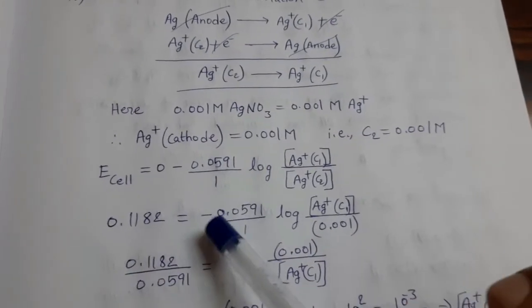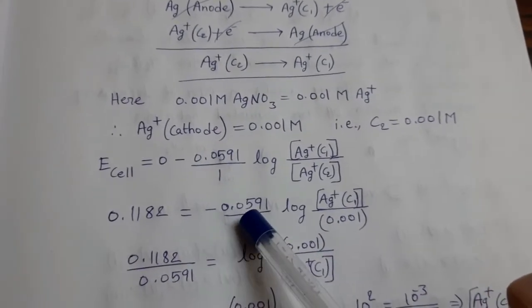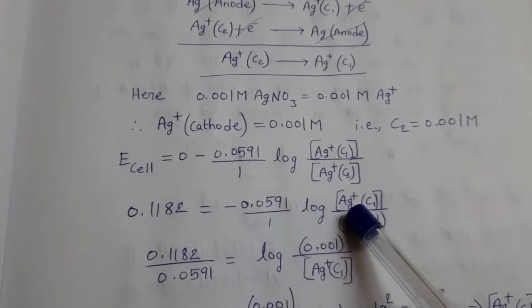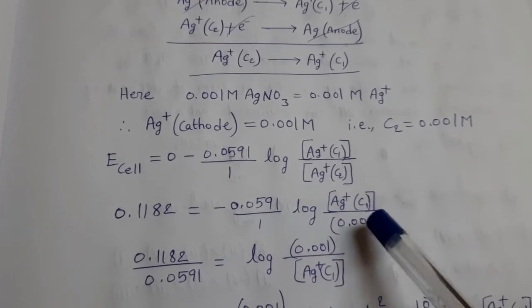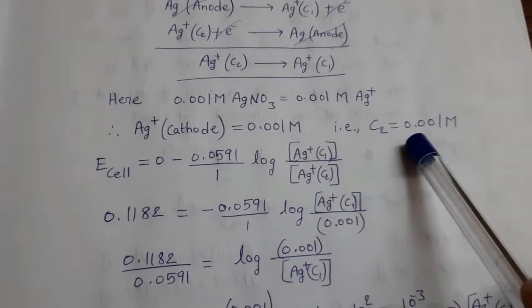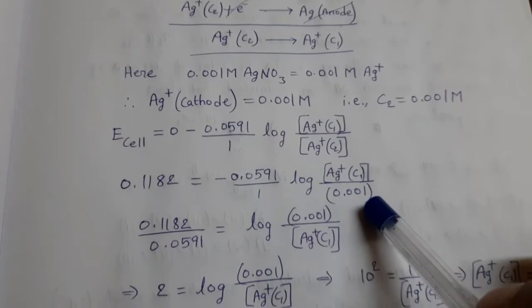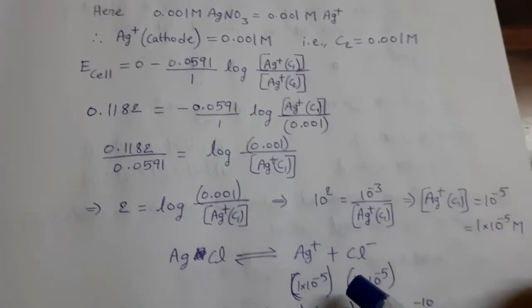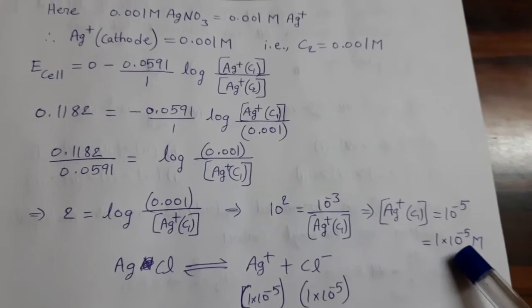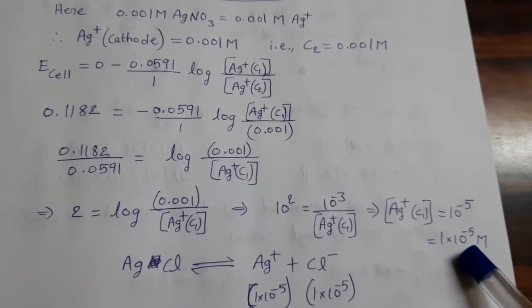Substitute that value: minus 0.0591 by 1 into log of Ag plus C1 concentration divided by Ag plus C2 cathode concentration, that is 0.001. By doing the calculation, we get Ag plus ion concentration as 1 into 10 power minus 5 molar.